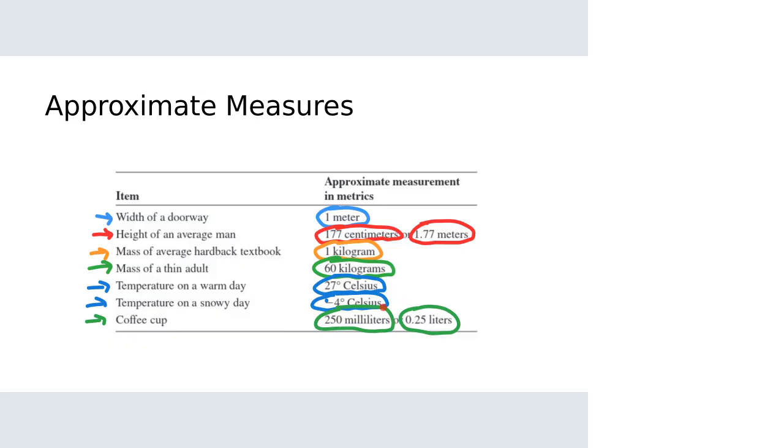And a basic idea that a kilogram is about a hardback textbook, and a meter is how wide a doorway is. And a liter is like half of one of those 2-liter bottles we buy at the store. It doesn't have to be encyclopedic knowledge. It just needs to be a basic understanding of how big each of these things really are.